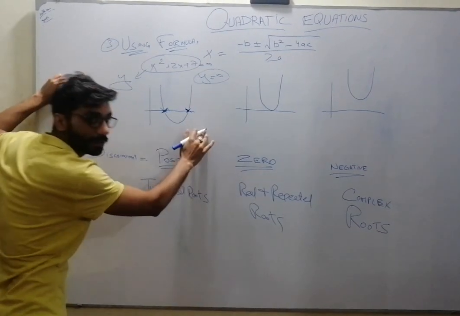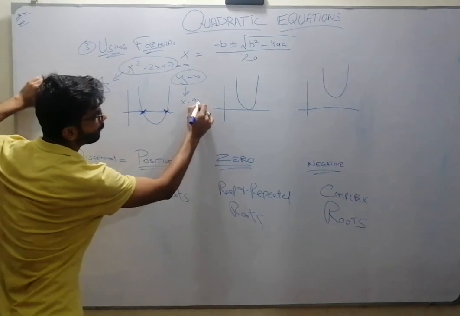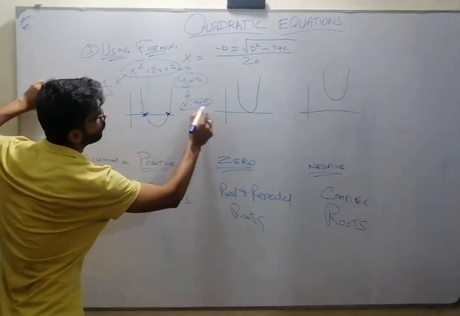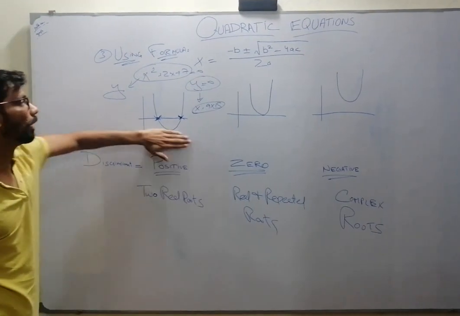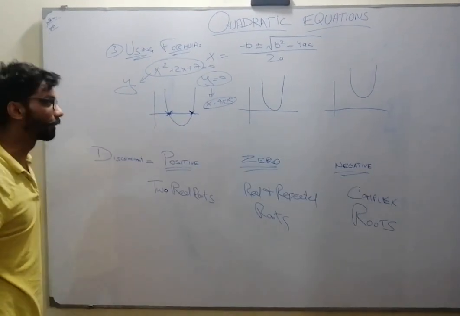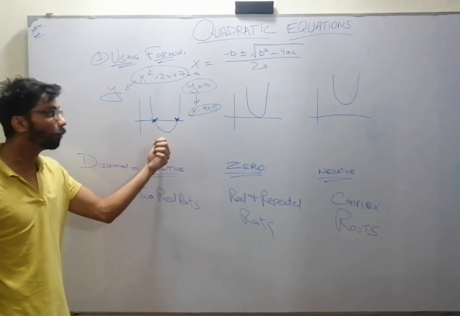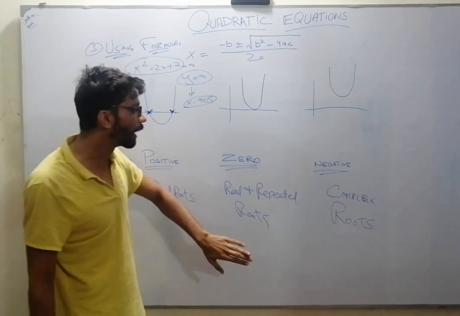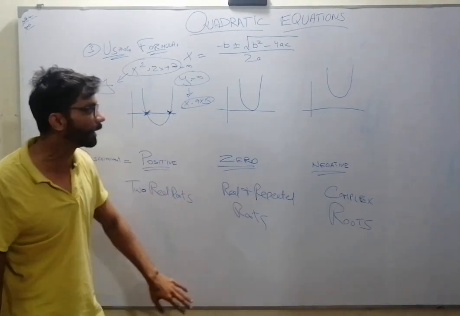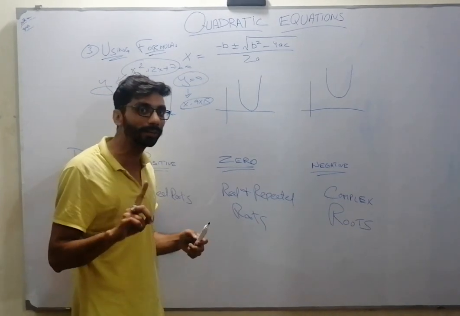And y equals 0 represents your x-axis. So whatever answer you get would be reflected on the x-axis. If we are getting 2 real roots, your curve would be cutting the x-axis at 2 points. If we are getting 0 as the answer of our discriminant, that means we will be getting 1 real but repeated root.